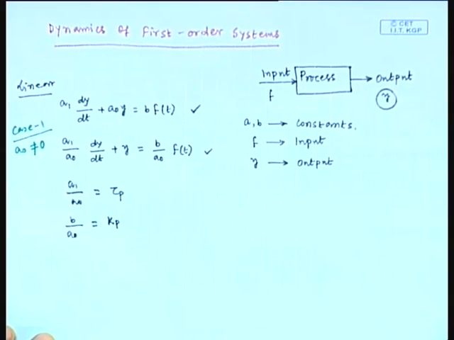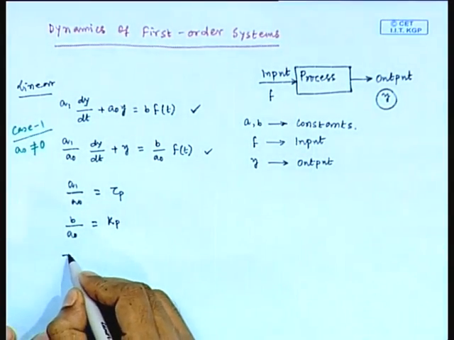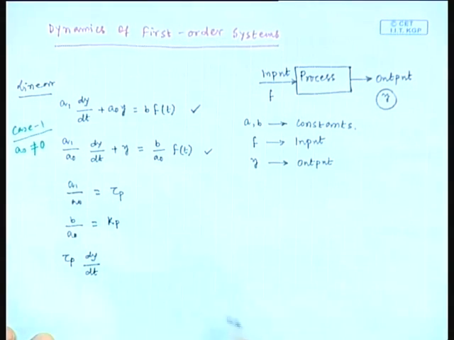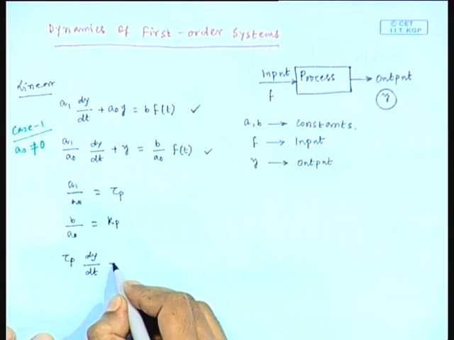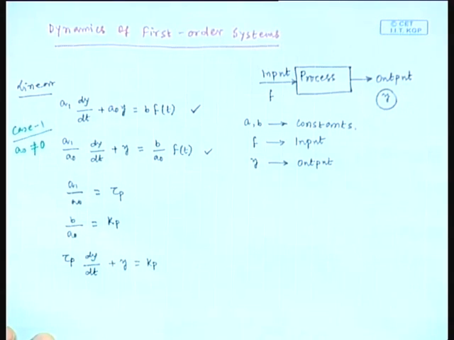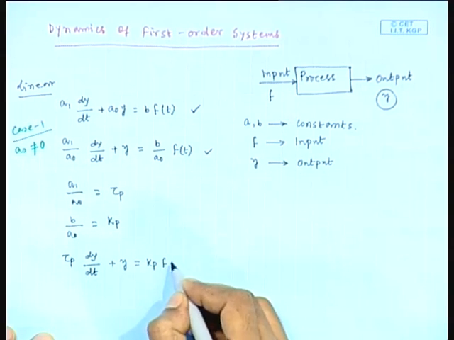Fine. Then the linearized form of the first order differential equation for the case of a1 not equal to 0 becomes tau p dy/dt plus y equal to Kp f(t).